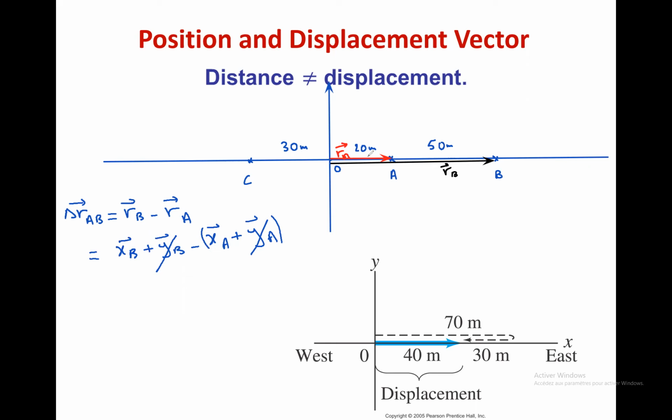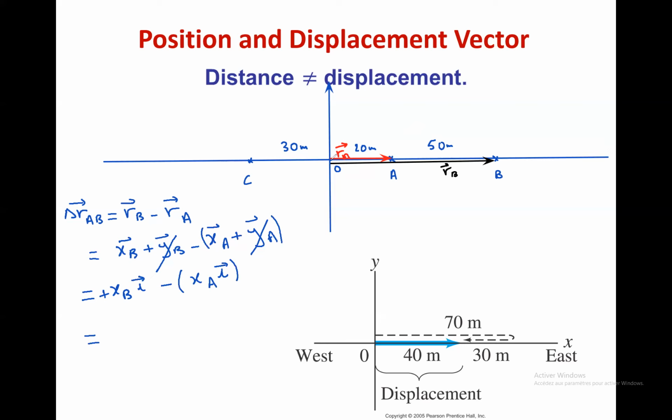The x of A is directed to the right, so it's in the direction of plus I. The x of B also is directed to the right, so it's in the positive I direction. Equal xb magnitude times the direction. It's in the positive direction. The same for xa magnitude in the direction of plus I.